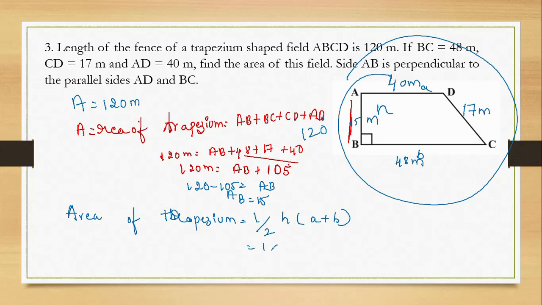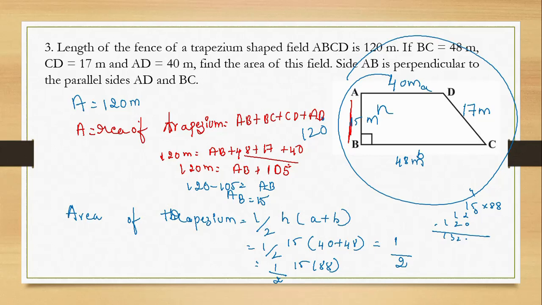Okay, half of 15 into 40 plus 48, and it will be half of 15 into 88, that is equal to half of, so 15 into 88. 5 8s are 40, 8 1s are 8, 120, and this is 120, we get 1320, so that is 1320 by 2, and it will be 660.